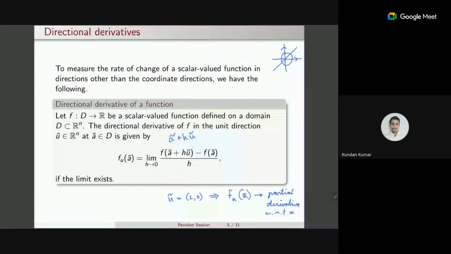Just by definition, that's clear, right? Because if I put u tilde equal to e1, or ei in general, I'll recover the definition of the ith partial derivative. So partial derivatives are directional derivatives in the coordinate direction.